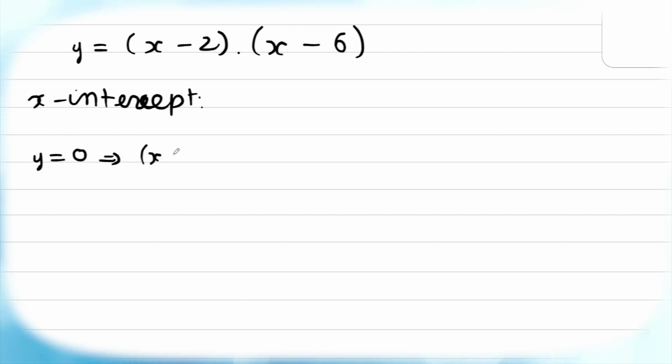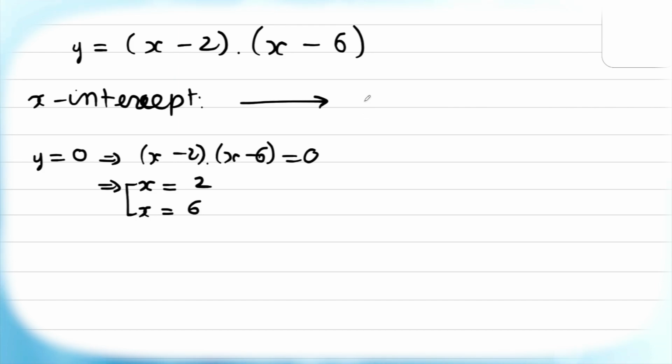This means these two brackets multiplied together equal 0, so x equal to 2 and x equal to 6. And for the x-intercepts, we get the symmetrical line, which is the midpoint between these numbers.